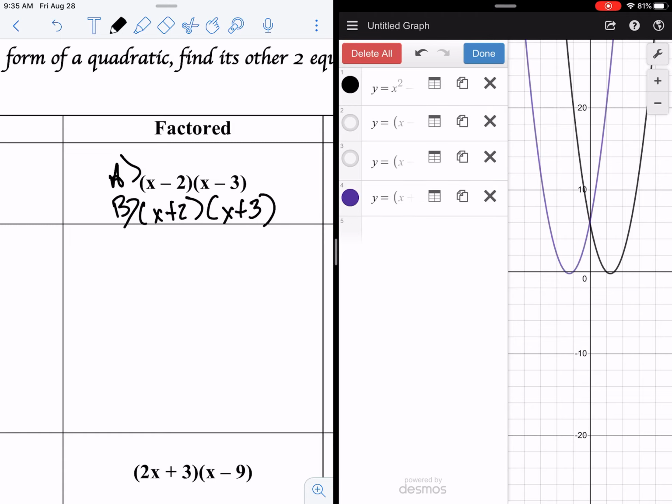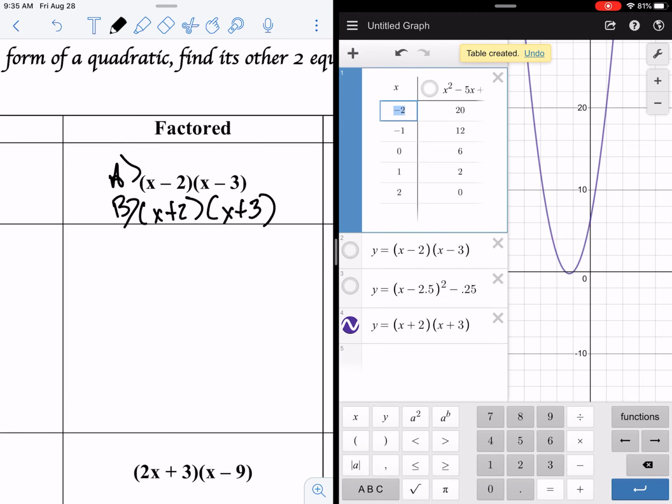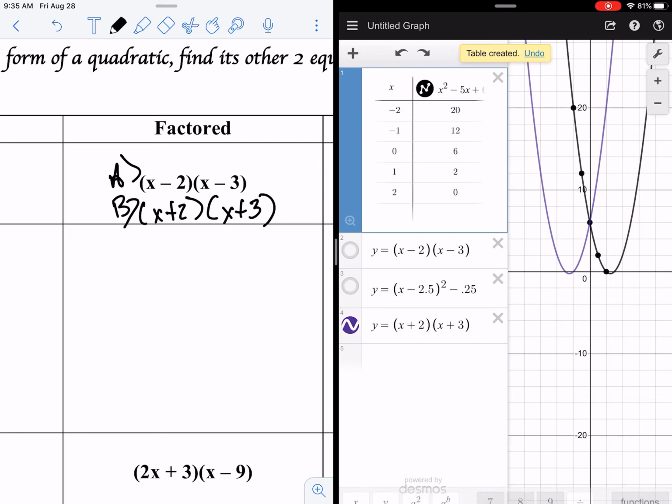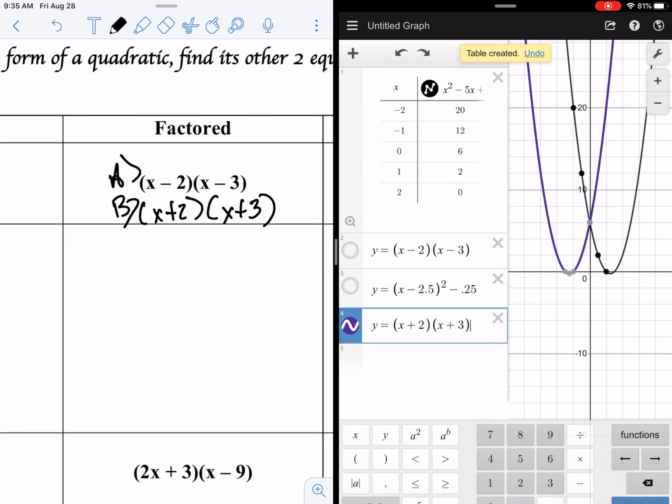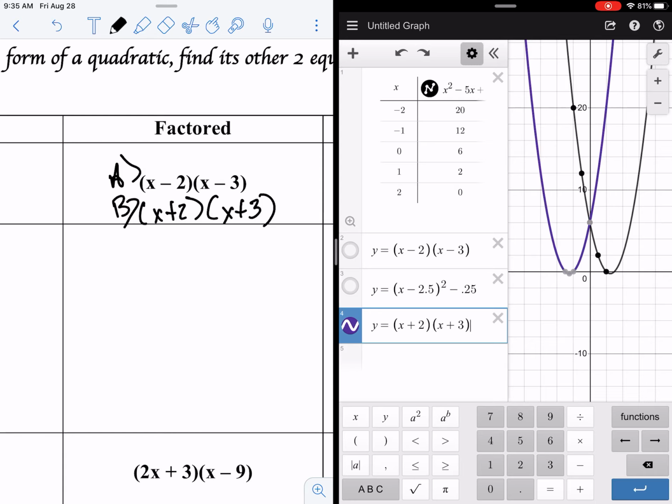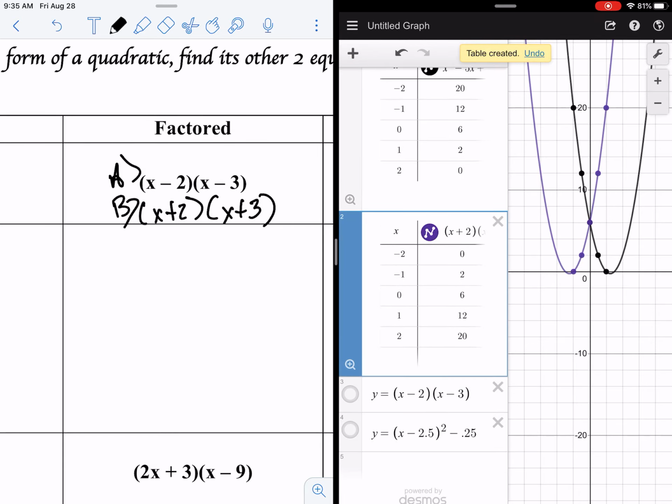Something else you can do is pull up your tables. At the very beginning of quadratics, we talked about interesting things like the rule of 3. If I can find 3 points that are the same, then I have equivalent functions.